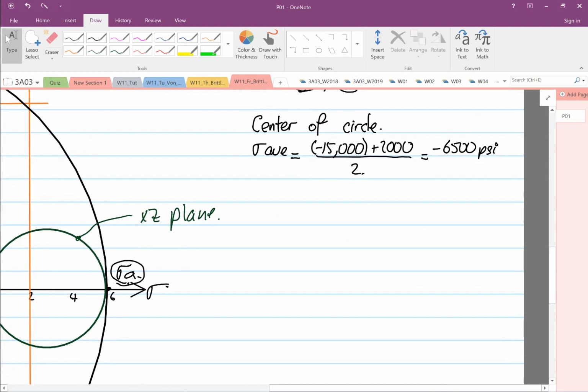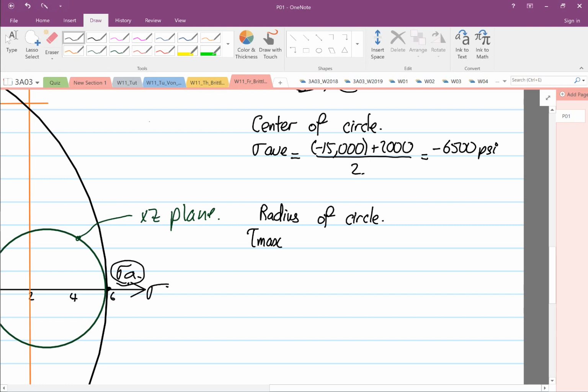And then we have to find the radius of the circle. This is based on tau max.